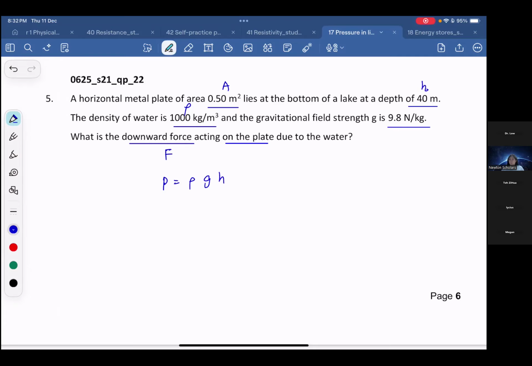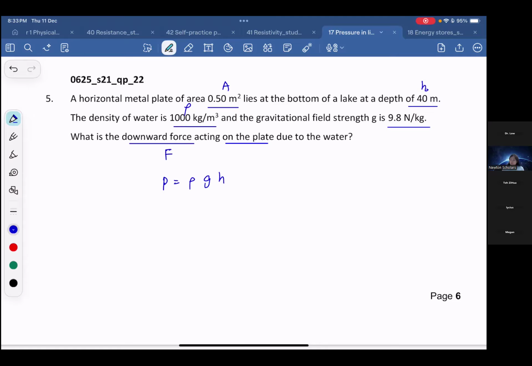Any of you already get the answer? Unit is wrong, Angeline. Unit is wrong, but value is correct. Magnitude is correct. Correct, Angeline.